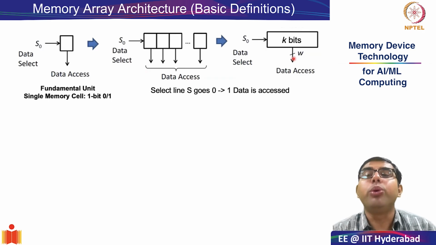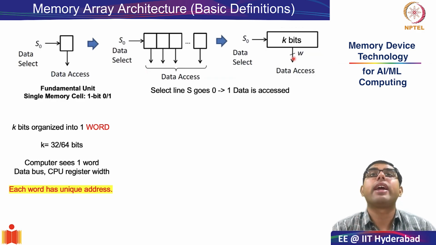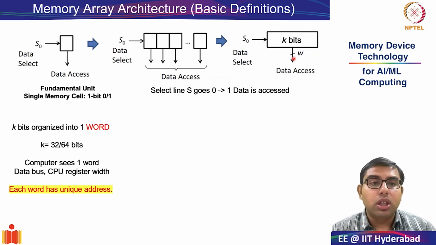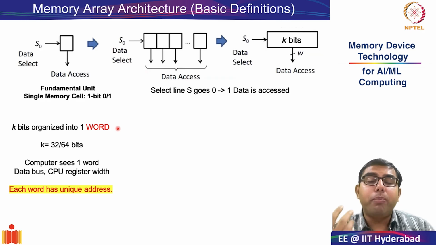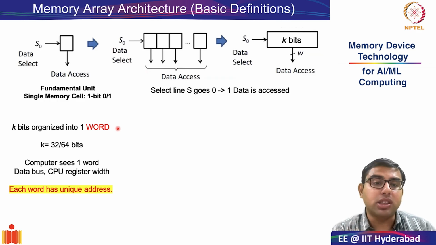So what is the value or the importance of a particular word? And this is the first technical term we will use. As we just discussed, k bits or k individual memory elements are organized into one word. The importance of this one word is that the computer or the CPU, which is going to access these data elements, generally sees one word of information.